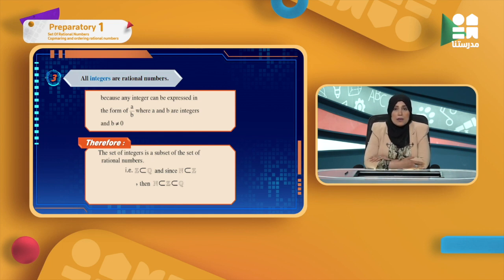For example, 3, I can write it as 3 over 1. 0 the same, 0 over 1. Negative 1 is negative 1 over 1. That's all about integers. So Z is a subset of Q. Since N is a subset of Z, then N is a subset of Z and a subset of Q.